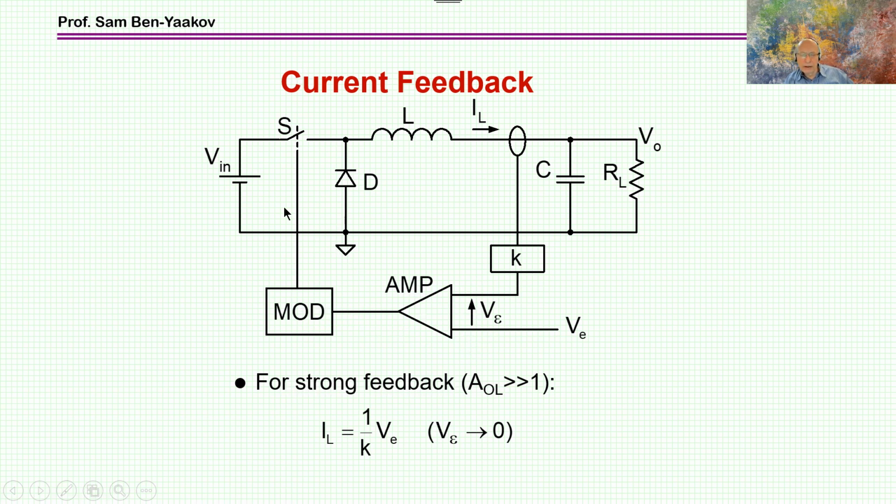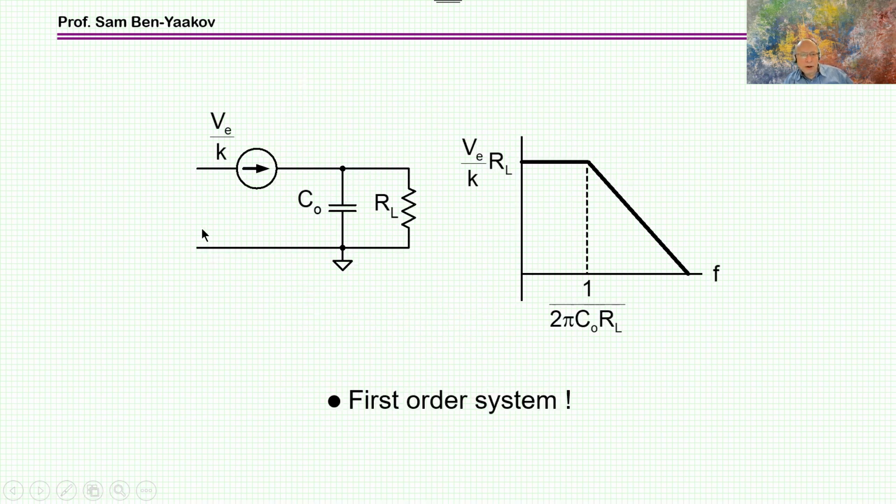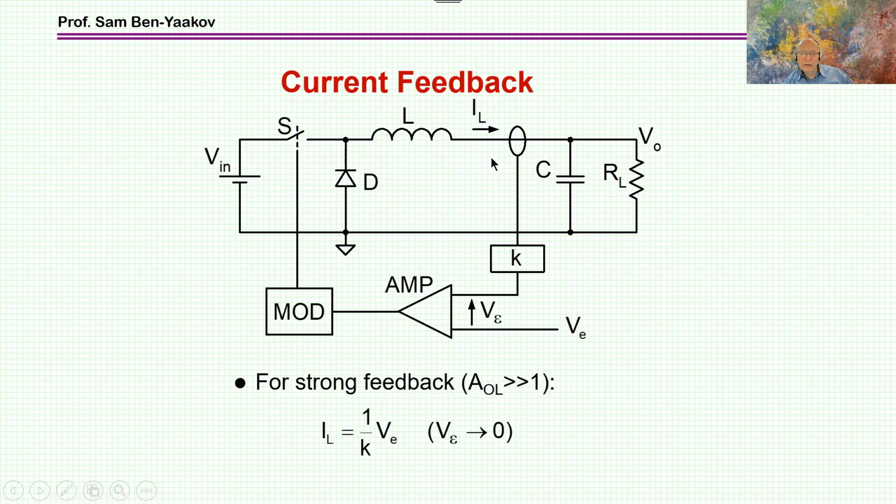So it's a feedback system in which you measure the current, okay? So what really happens in effect is that you are controlling the current here. That is, if the feedback is strong, the loop gain is high, there will be a good following of the current with the signal here. That is, if you change this signal to be a higher signal, the current will follow it.